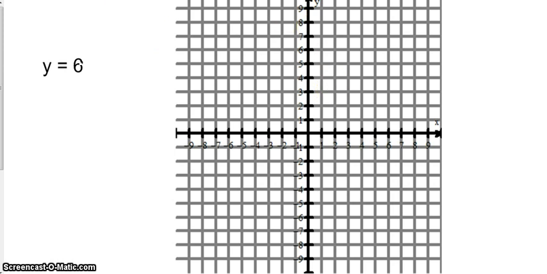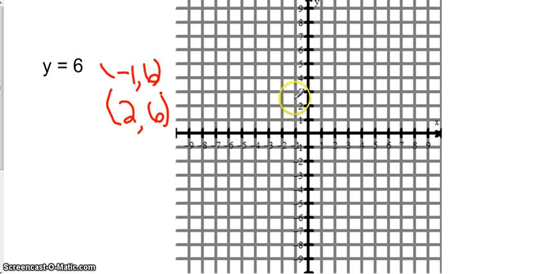Now this one's a little bit different. You should notice that on this one, I don't have an x variable. So I'm going to plot 2 points, and it doesn't matter what my x coordinate is, my y coordinate must be 6. So I'll plot a negative x coordinate and I'll plot a positive.